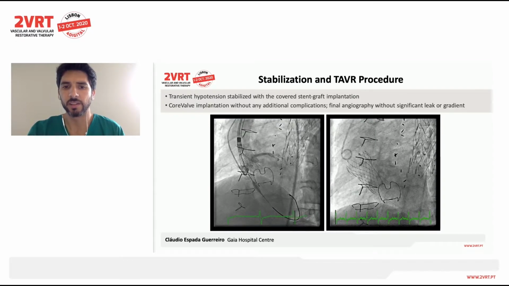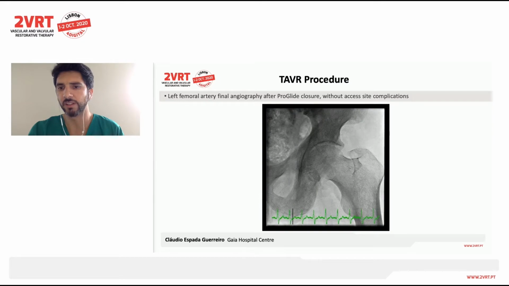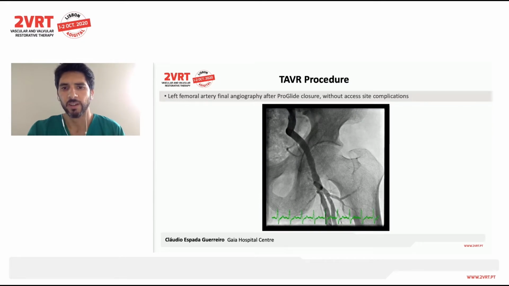The patient stabilized, so the transient hypertension resolved, and as we had already the core valve mounted, we rapidly advanced with the core valve implantation without any additional complication, and the final angiography showed no significant leak or gradient.